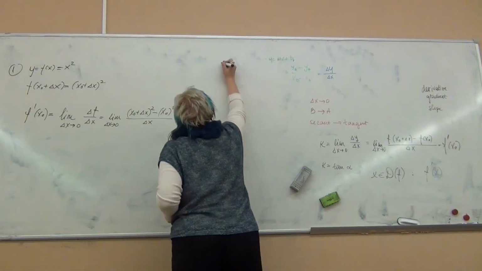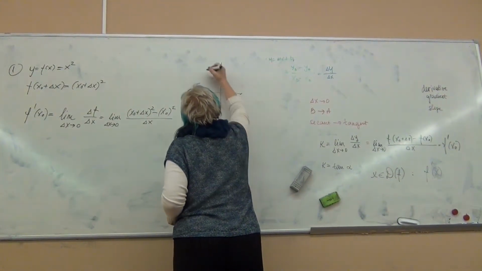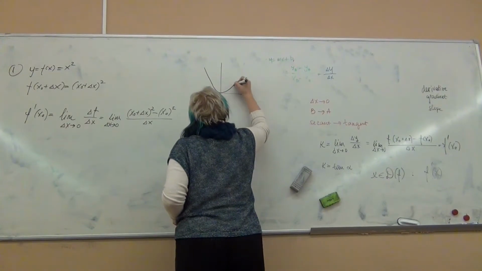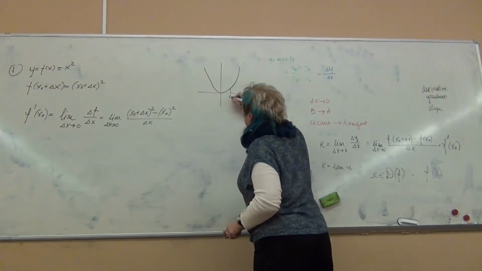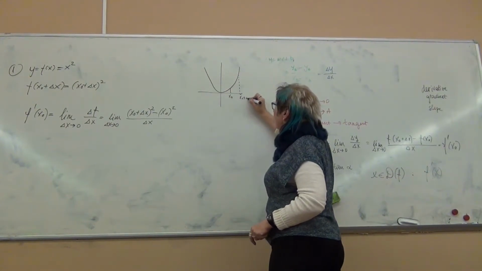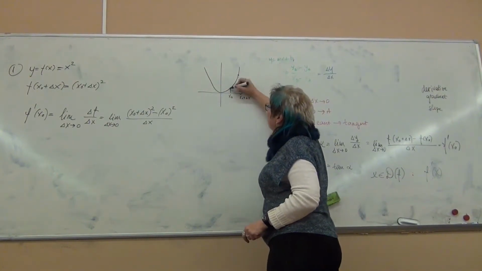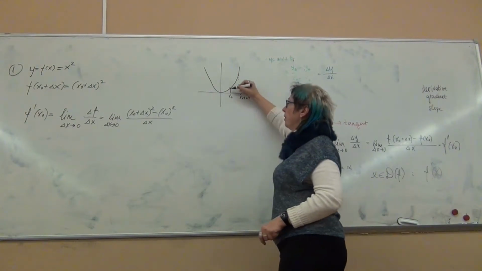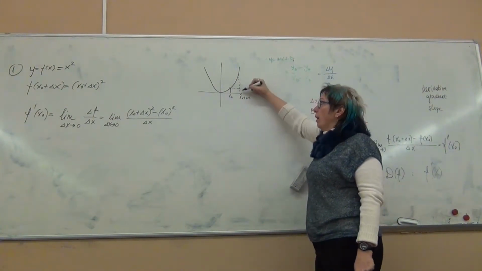So for the actual quadratic function, we can sketch the parabola. So that would mean if this is x0, and then this would be x0 plus delta x, we find the two values, we find the difference of the two y values.